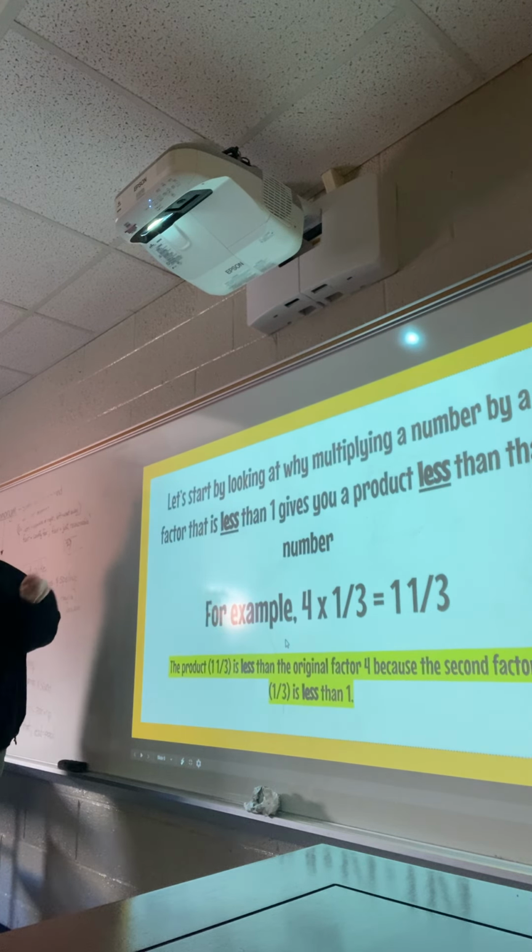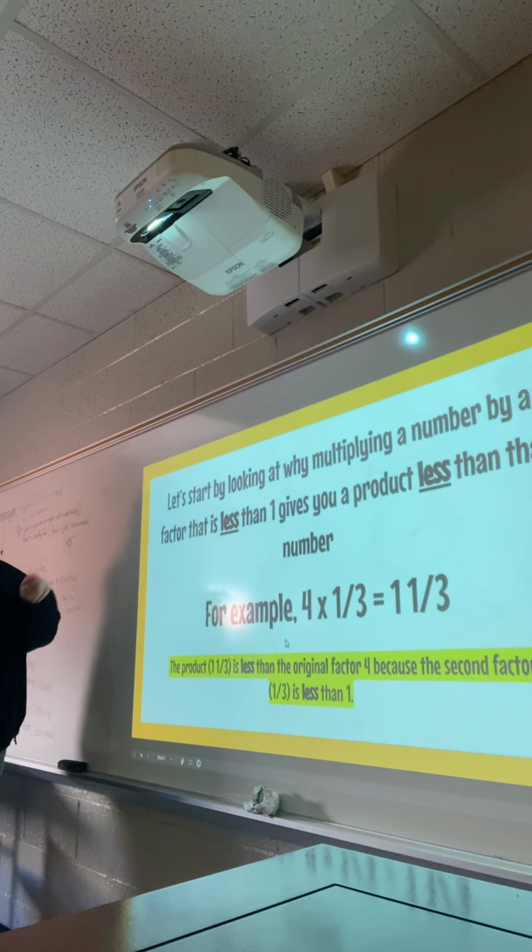Yeah. So the rule says when you multiply a factor, what's your factor? 4 is your factor, right? Because you multiply factors together and get a product, okay? So when you multiply a factor that is less than 1, is 1/3 less than 1?